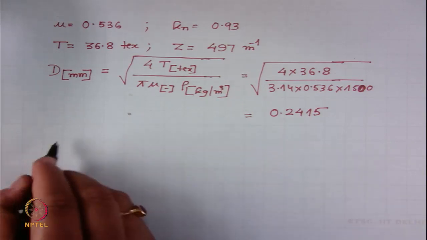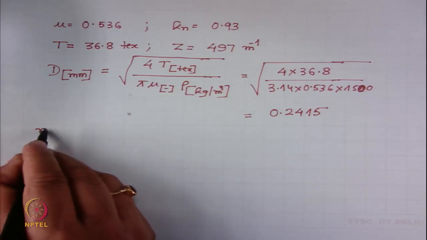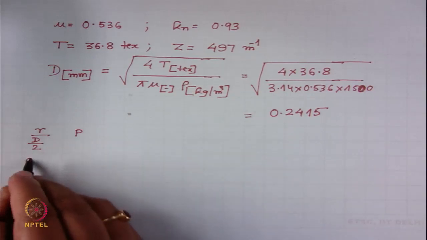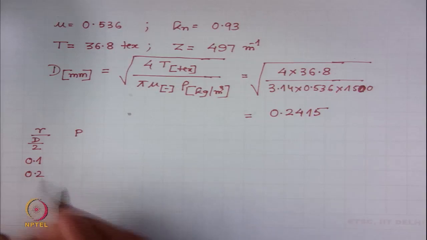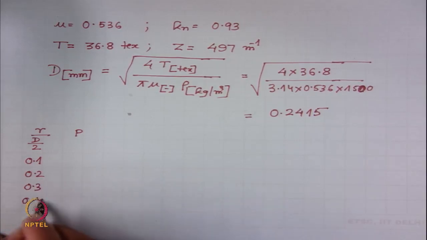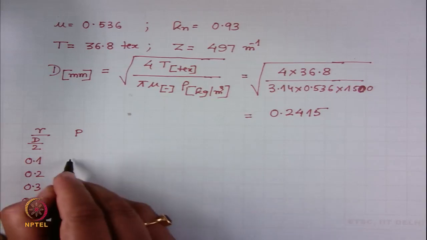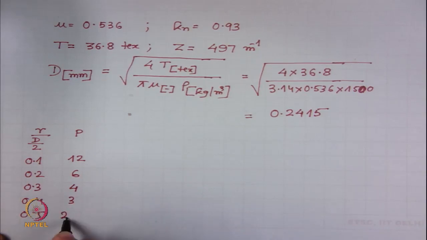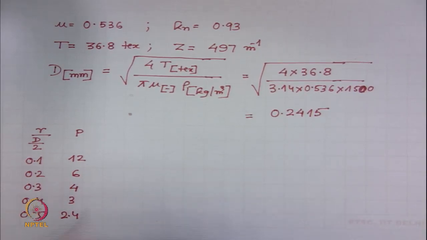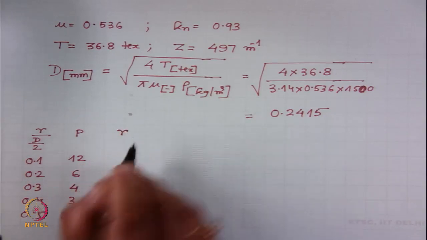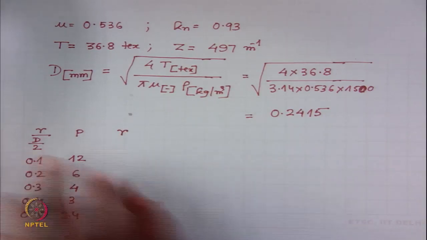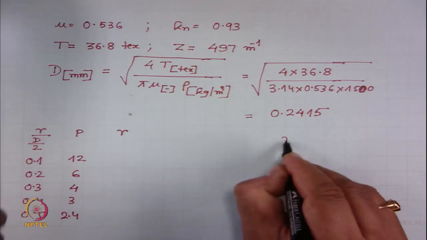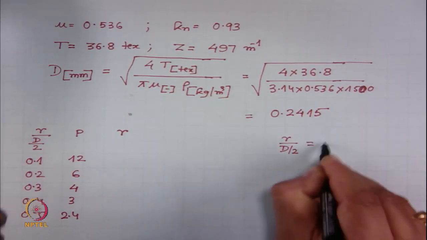Then what is given here? In the table, this value is given 0.1, 0.2, 0.3, 0.4, 0.5, and P is given 12, 6, 4, 3, 2.4. From there we can find out R, because we know now D. So, R by D by 2 is equal to say 0.1.